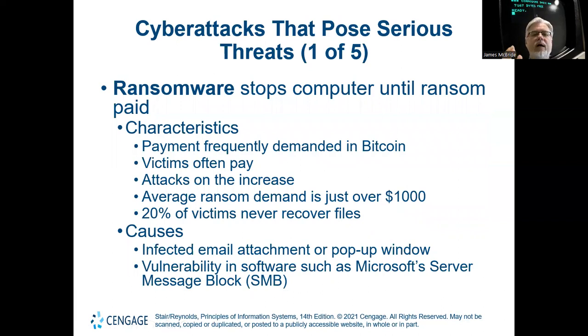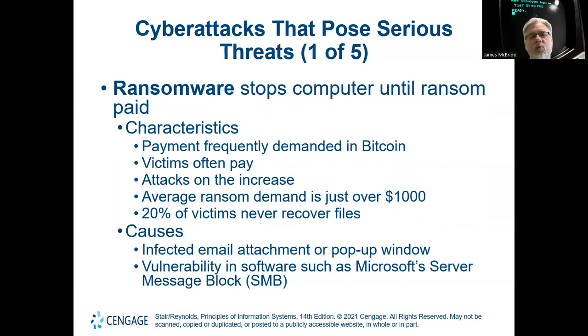All right, so just so you know, ransomware is a huge thing, massive thing. It often demands Bitcoin payment because that's a very easy way for them to try to stay anonymous. And of course, attacks are on the increase, and average ransom demands are over $1,000. And 20% of victims never recover their files.